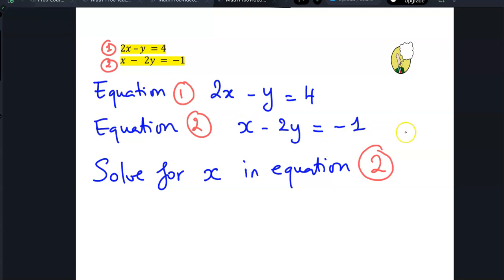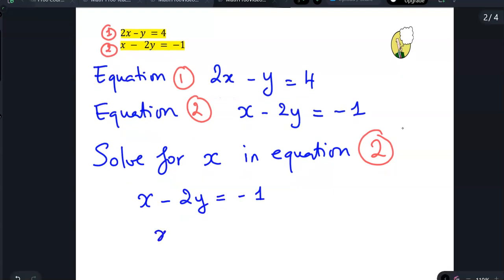Okay, so what do I mean by solve for x? Solve for x means you are going to shovel everything not having to do with x over to the other side. So equation 2 is like this: x minus 2y equal to minus 1.